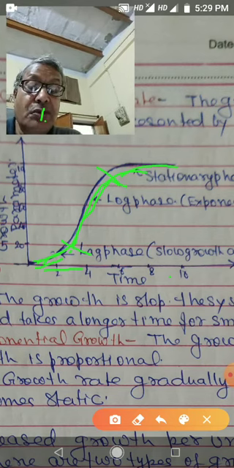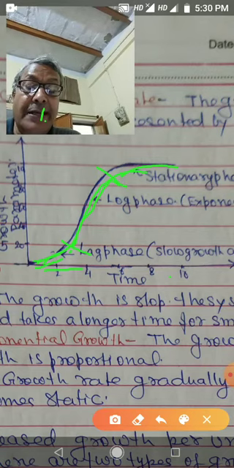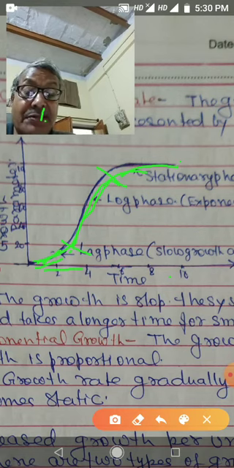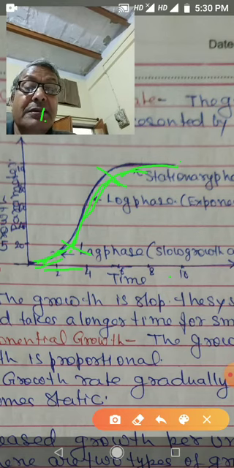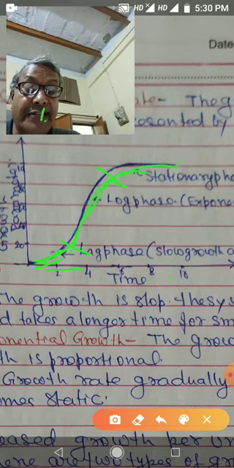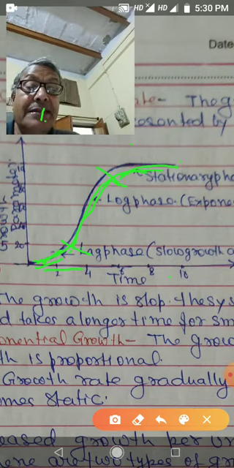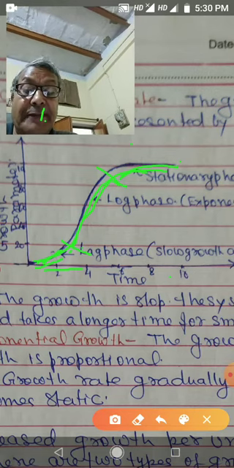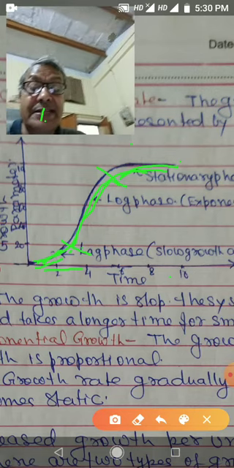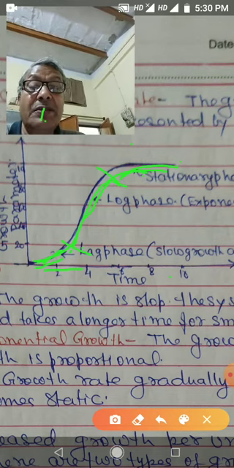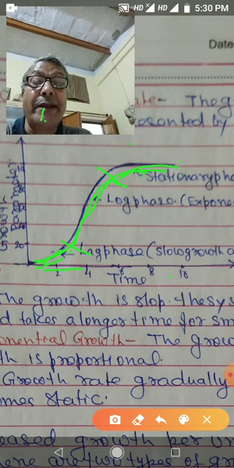During this phase growth rate gradually decreases and finally becomes static. So growth is slow at the initial phase, growth is rapid, fast growth is at exponential phase, and growth gradually declines in the stationary phase. So these are the three phases of growth that we can explain with the help of this sigmoid curve.